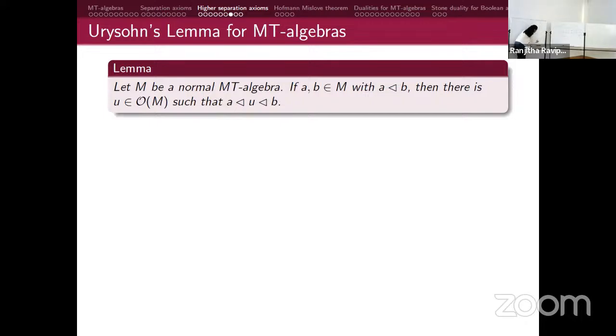Because V is open, so negation V is closed, and the diamond of a closed element is just negation V. So I get this, and then I have A in relation with U, triangle.